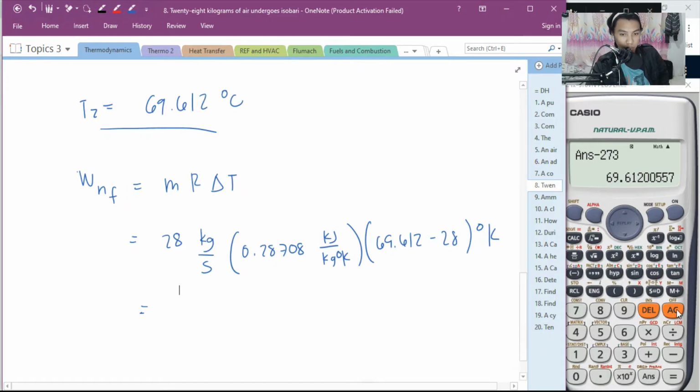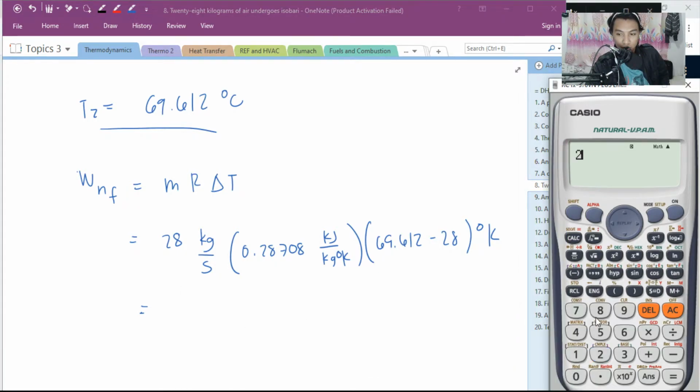So, tignan natin kung tama. 28 times 0.28708 multiplied to 69.612 minus 28.